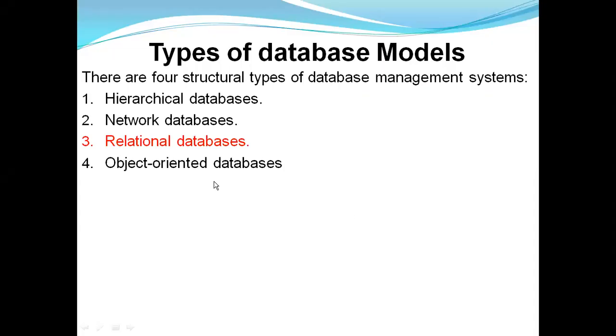Okay, so I hope it is clear that a hierarchical database is one parent, many children. Network database, one child, many parents. And relational database is data stored in a relational form, that is in a tabular form.